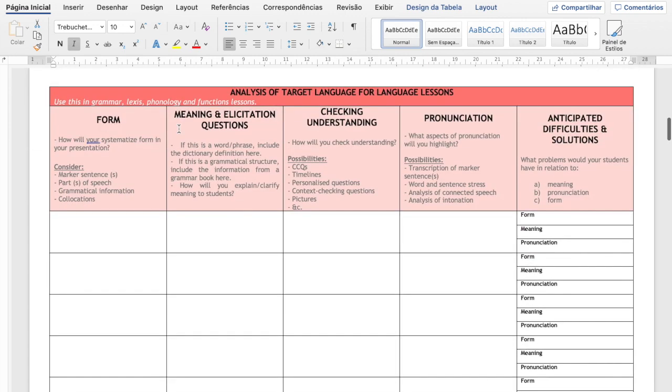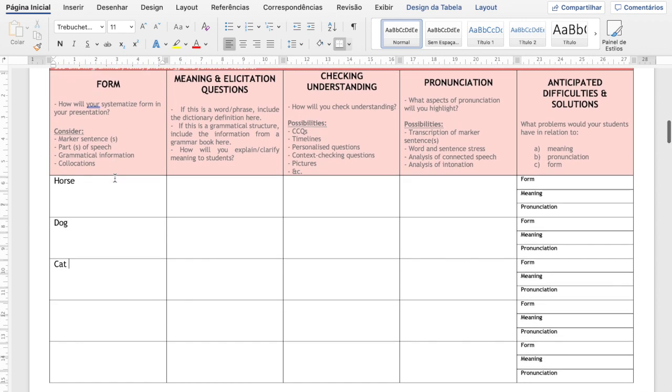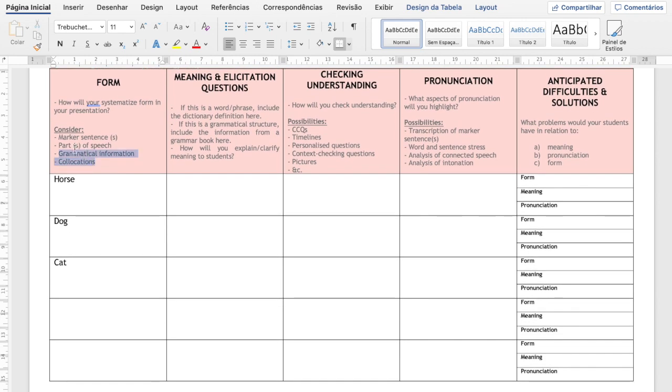Let's say you're teaching lexis. The words you're going to teach are, say, animals. So, horse, dog, cat. In this section of the lesson plan, you have to write about the form of the word.